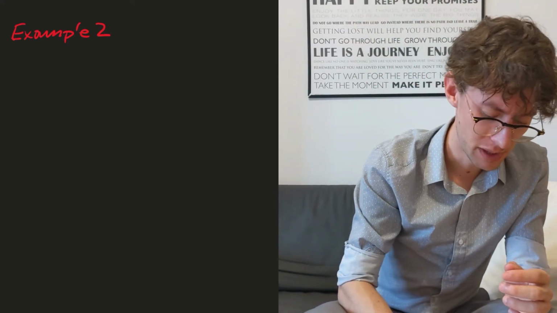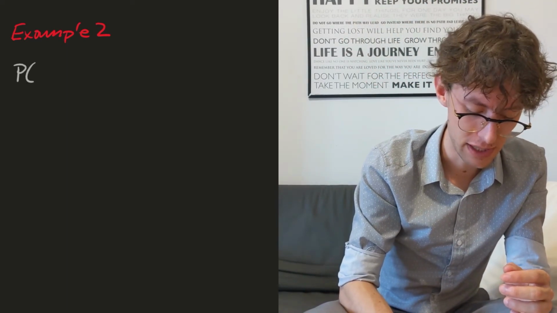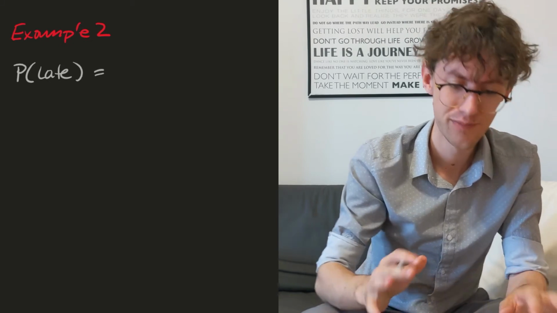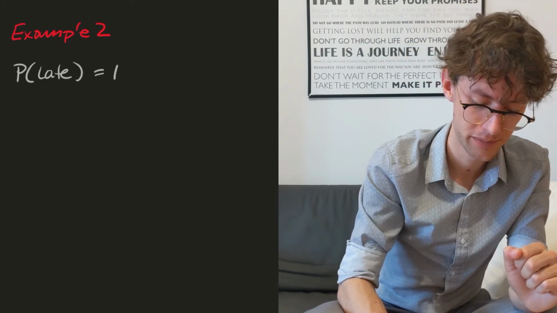So consider the example where you have an employee that comes to work. And this employee is very bad. He always comes late or leaves early. And on each day, there is a probability that he arrives late of, let's say, 10%.